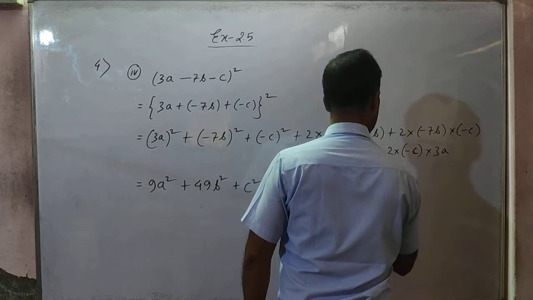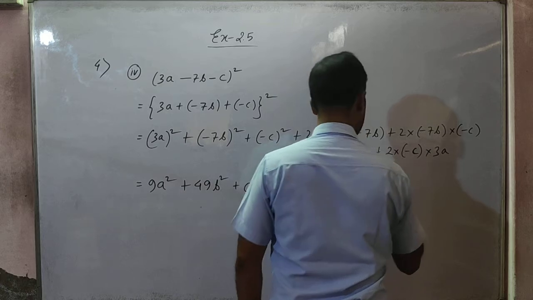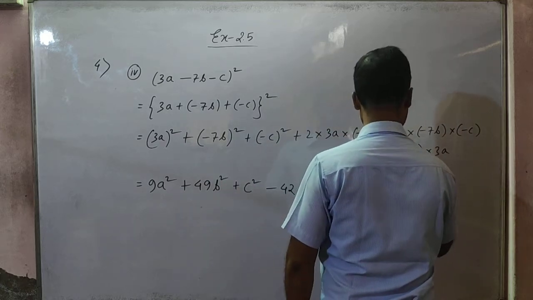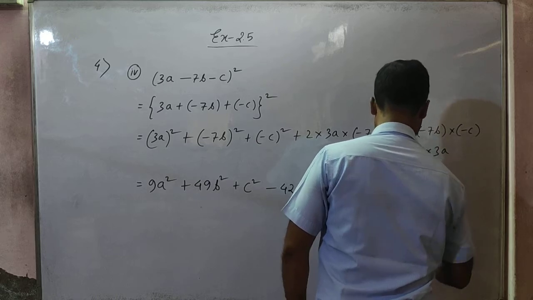Plus 2 7s are 14, minus minus plus, 14bc, and minus 2 3s are 6, 6c.